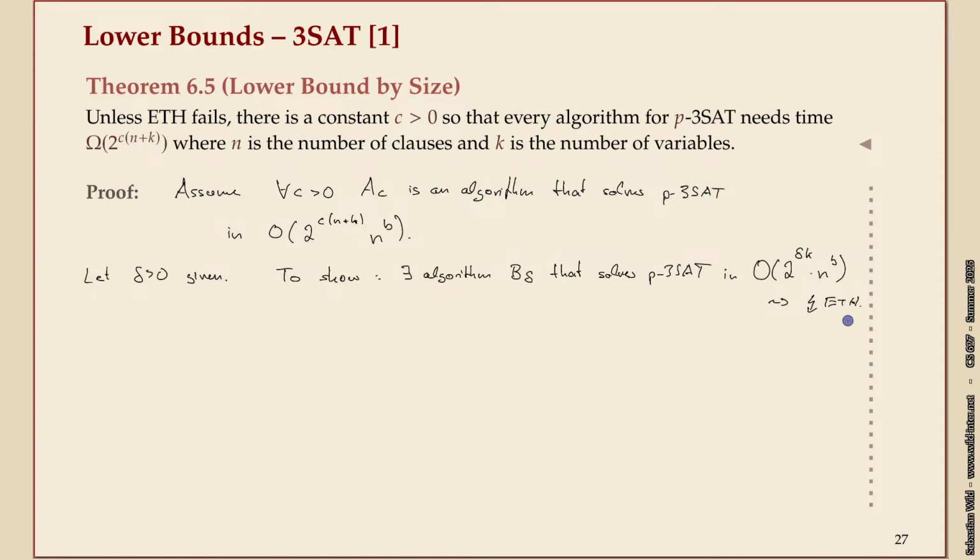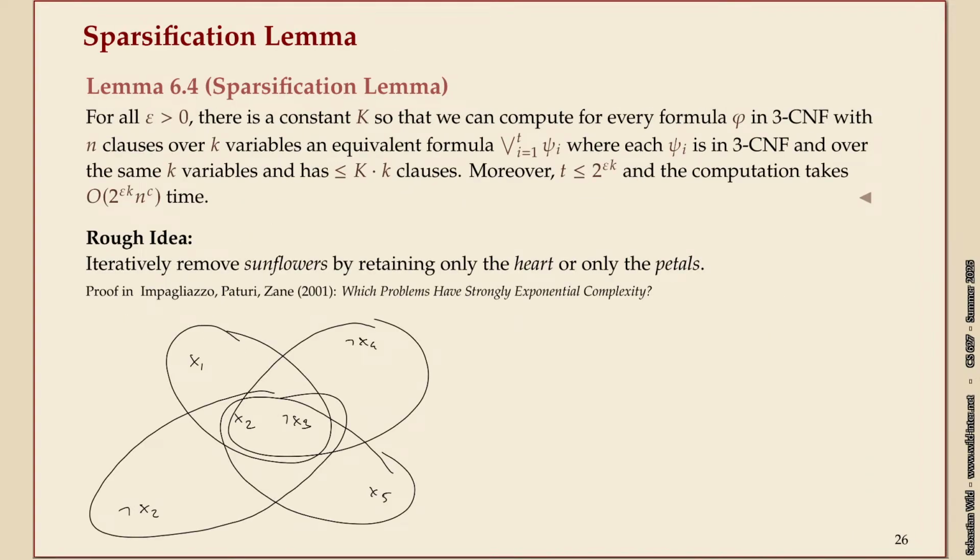Okay. How do we construct this algorithm B delta? One more parameter, just because it's more convenient, is delta half. Let's call that epsilon. And that's what we use the sparsification lemma with. So we take the sparsification lemma, invoke it with delta half. So the first thing is we get some constant k from the lemma. For every epsilon that we give it, there's a constant k.